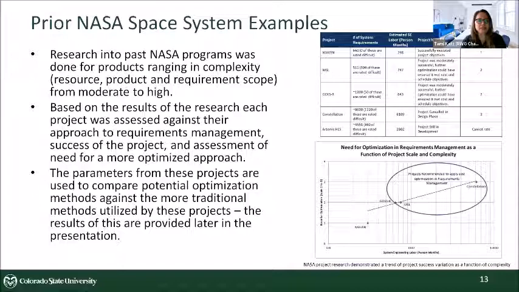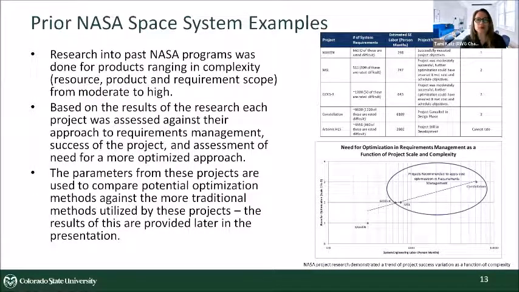There's a lot of reports written about these projects in terms of how well they did or did not do, and if they didn't do well, what didn't go well. There's also some internal reports written by some of the NASA organizations. There was a paper from somebody who worked on the MSL project on the Curiosity rover on what they thought of their requirements and lessons learned.